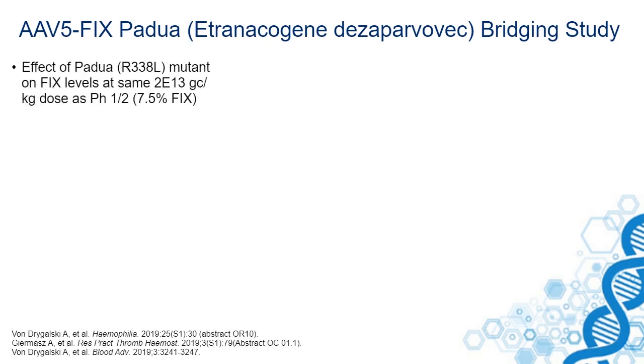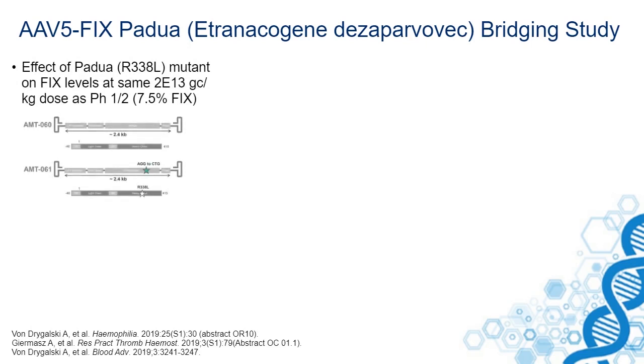And this trial began, shown on the left, the AMT-060 in the figure, was the first in terms of phase 1/2, and they achieved a factor 9 of around 7.5%, which when I started in hemophilia would be unheard of. Even after I started in hemophilia, we thought in gene therapy, if we could take patients just into the mild range, which this would do, that would be success. And really it has been success.